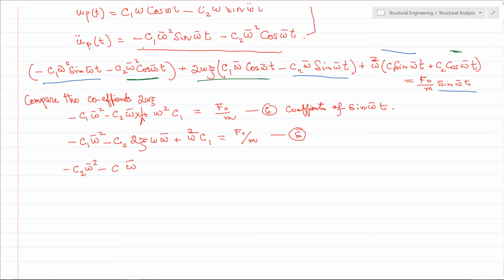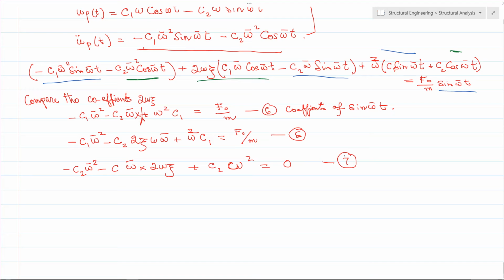So it will be C1 into omega bar into 2 times omega xc, and then the last term is plus C2 times omega square, and that is nothing but equal to 0.